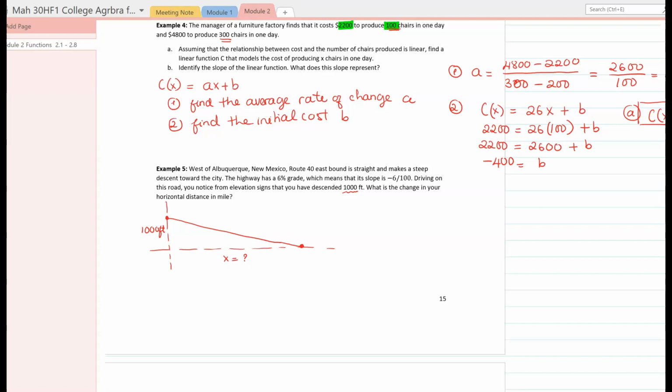Since the slope is the change in y divided by the change in x, if you start at coordinate 0, this distance here is x. Then 1,000 divided by x has to equal the slope, that is negative 6 over 100. You can solve for x in this case.